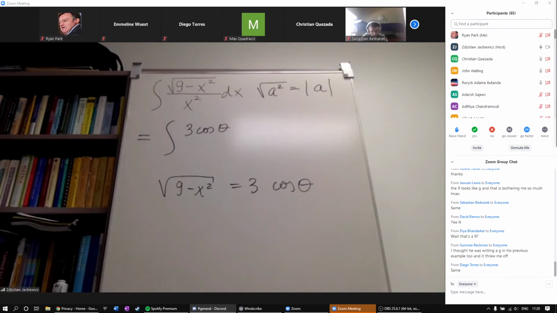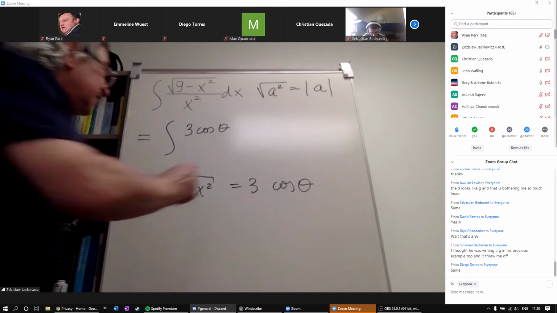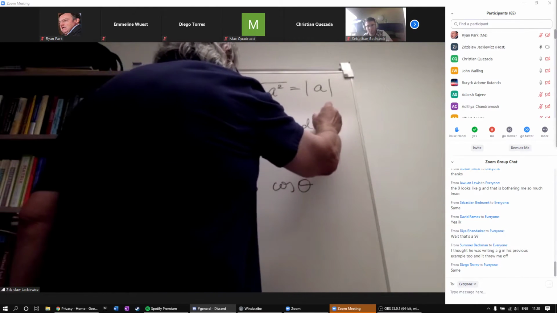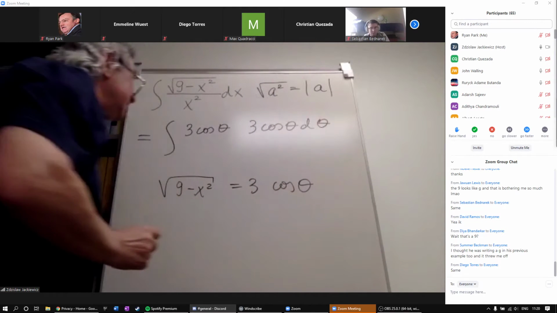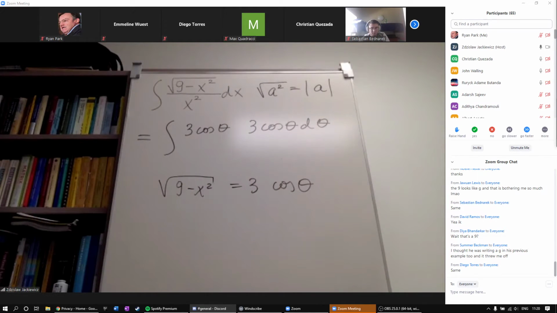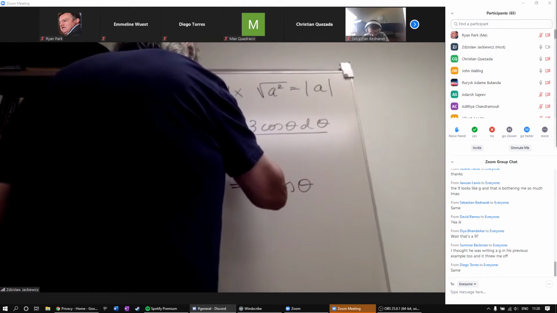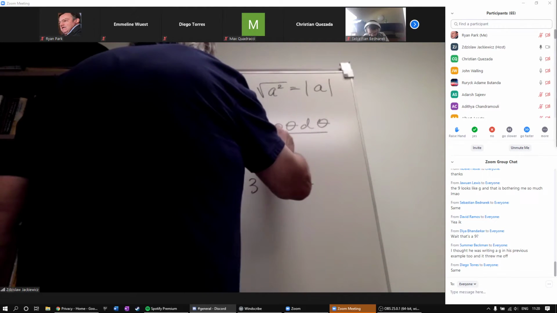Dx, I erased this, but dx was 3 cosine theta d theta. And x, you remember the substitution was 3 sine theta, so this is over 9 sine squared theta.